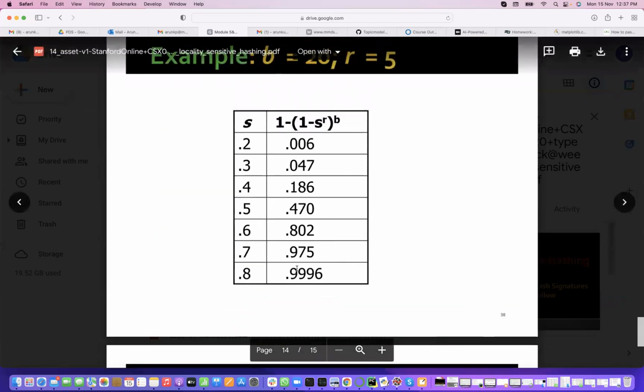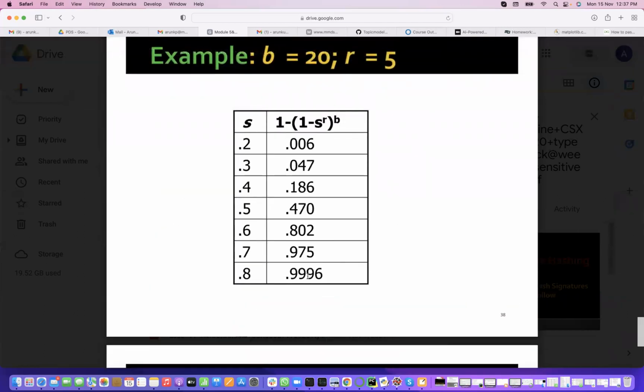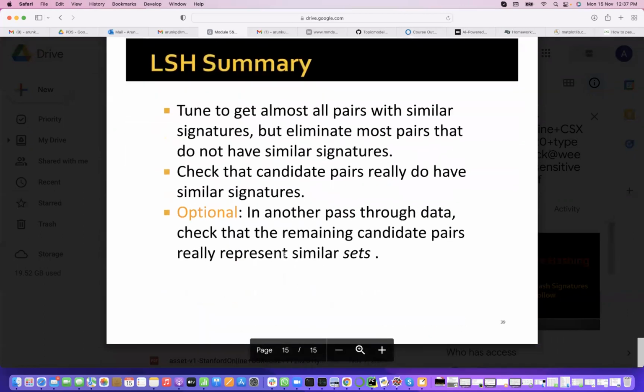So if you want to use it directly, you can, because you are getting roughly highly similar pairs, they fall into similar buckets. But here it is said, in another pass through data, check that the remaining candidate pairs really represent similar sets. Go to the input matrix and check. Not only just go by the signatures, because we converted the input matrix to a signature matrix, right?